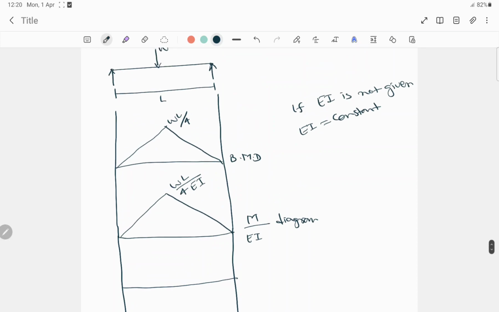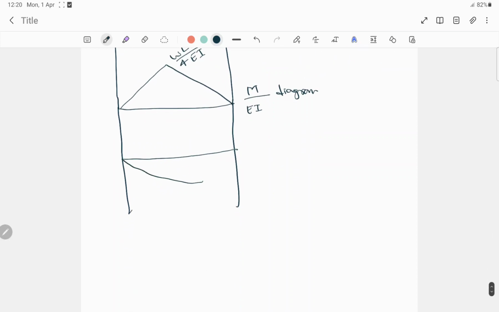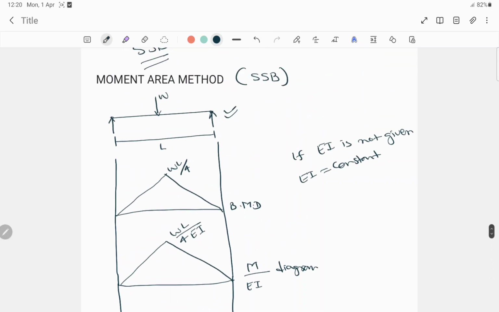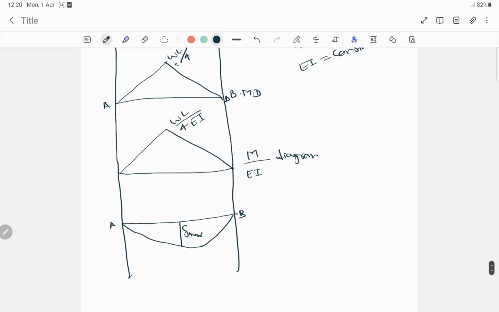The elastic curve for this type of beam will be like this, with the maximum deflection at the mid. Let this point be A, this point B, and this point C.